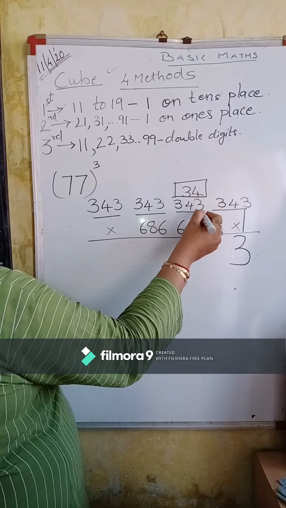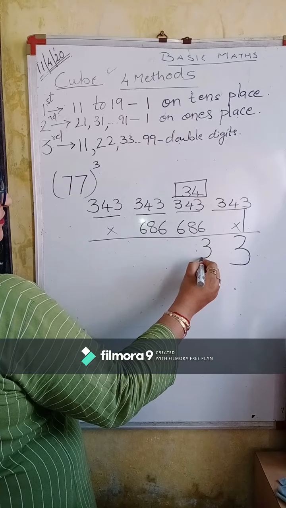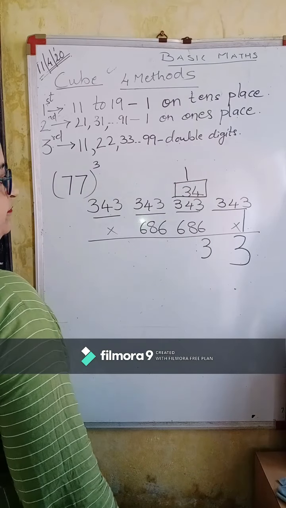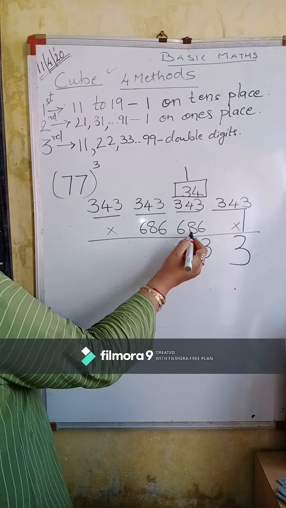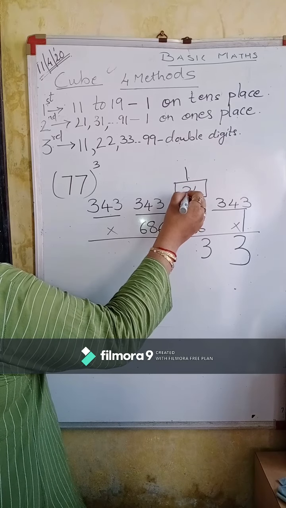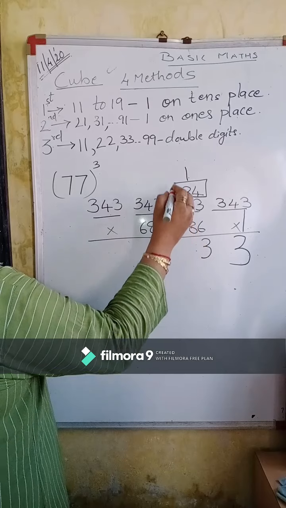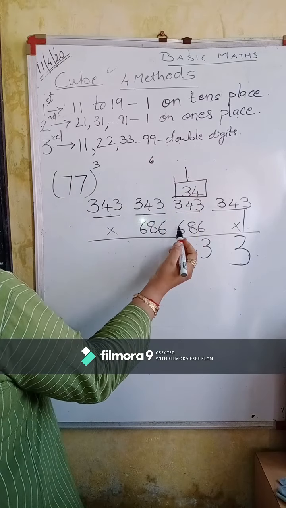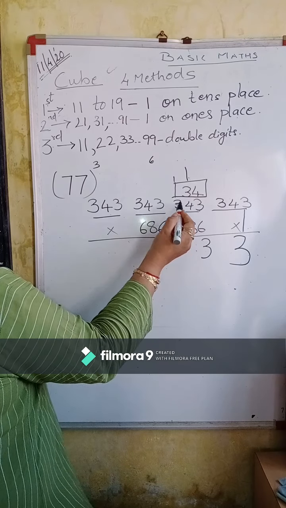6 and 4 is 10 and 3 is 13. 3 here, 1 carry. 8 and 4 is 12. 13, 13 and 3 is 16. 16, that is 6 and 1 carry. 6 and 3 is 9 and 1 is 10.